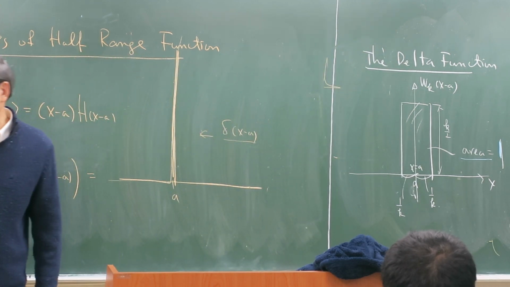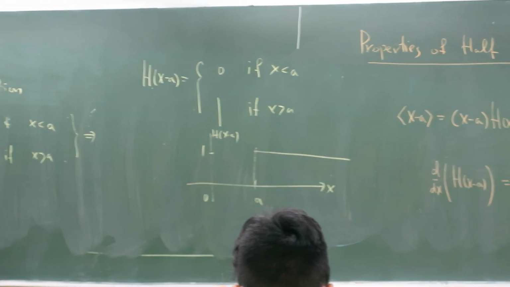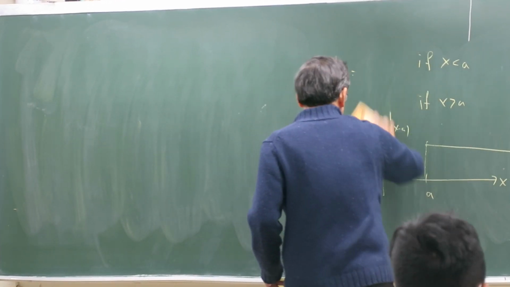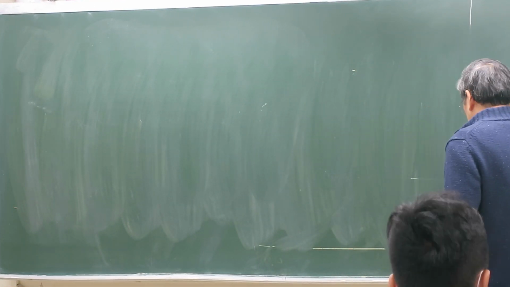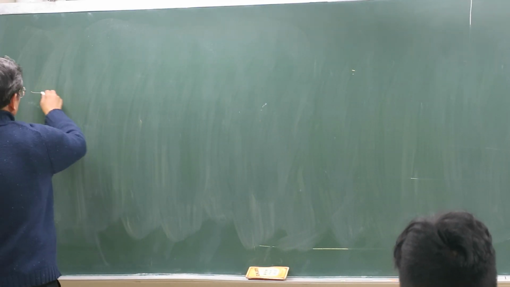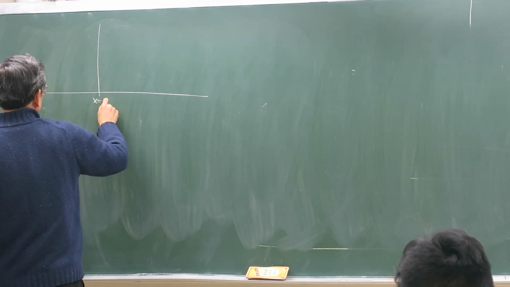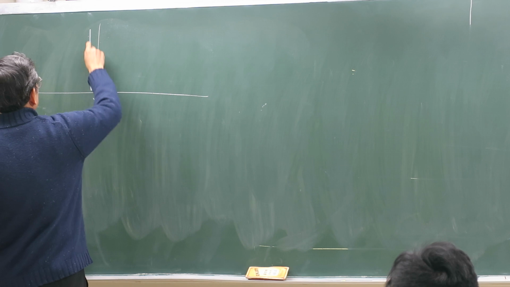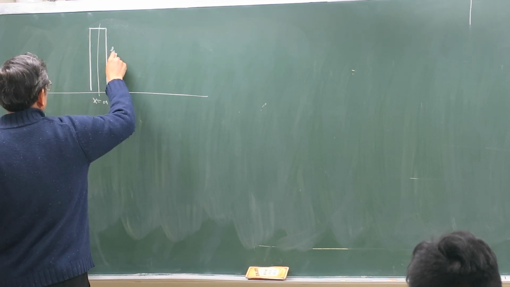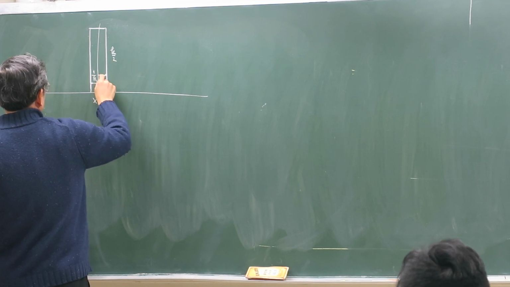Right? Another important property of the delta function is when you operate with some function. This is x equal to a, and this is my W_k. This is k over 2, and this is 1 over k.